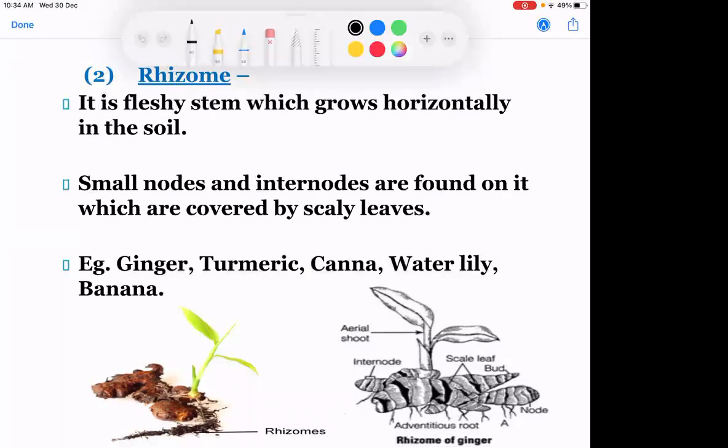Okay, so this is rhizome. We are all aware of the structure of ginger or turmeric. The common, the ground stem.